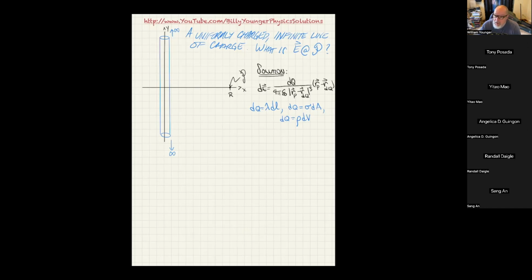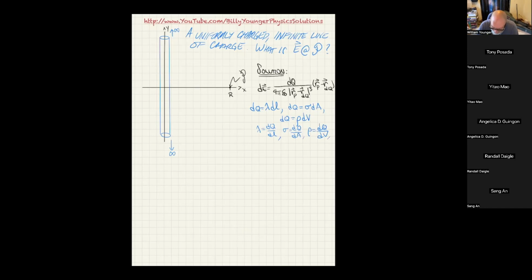Lambda would be coulombs per meter, and rho would be coulombs per cubic meter. You can also restate this as lambda is equal to dq over dl, sigma is equal to dq over dA, and rho is equal to dq over dV. Those are all similar to the above expression. So anyways, that's what we're going to use for all of this type of stuff.